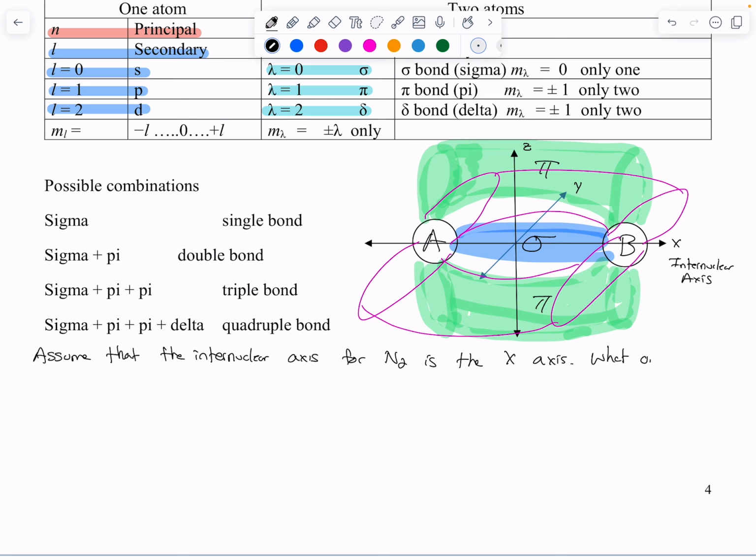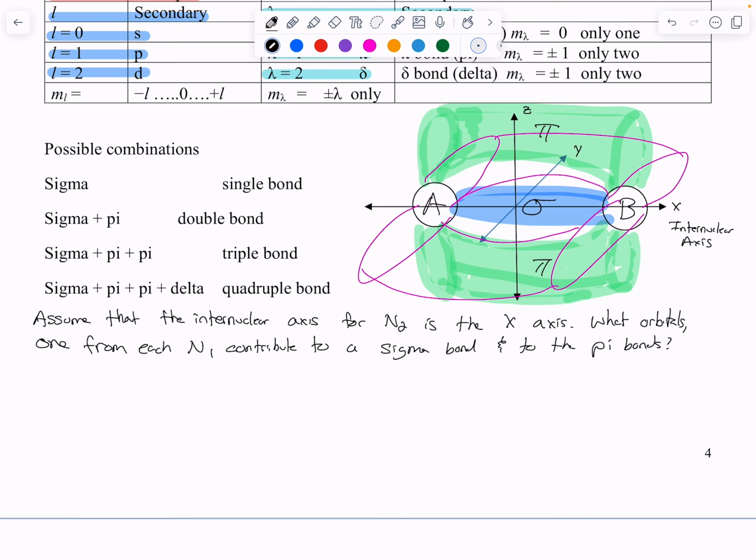What orbitals from each N contribute to a sigma bond and to the pi bonds? That's a good question.